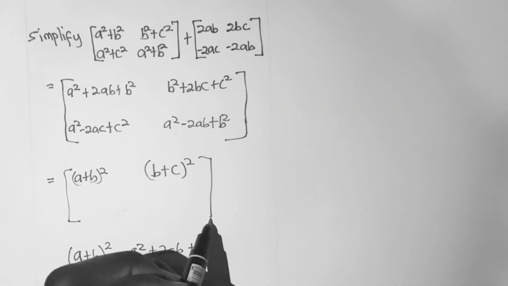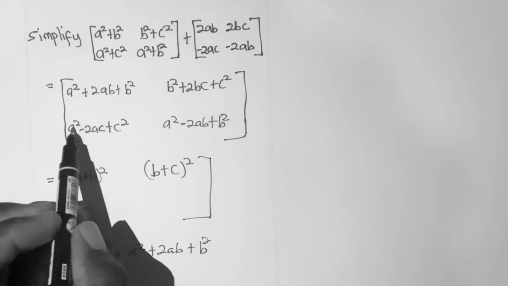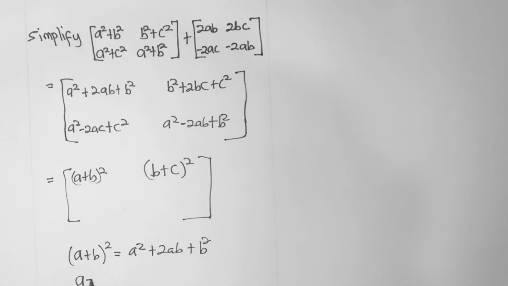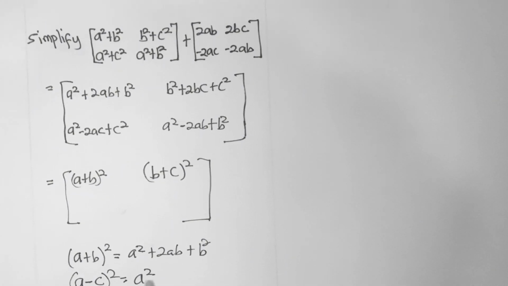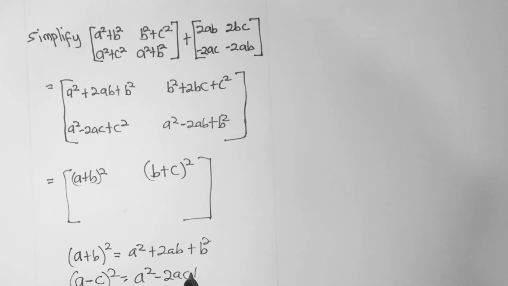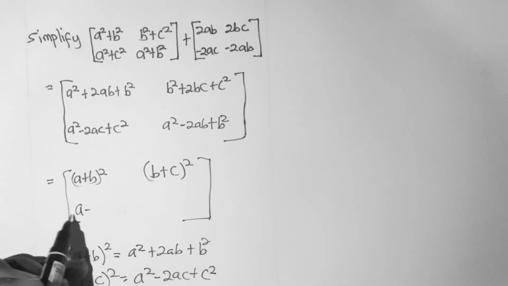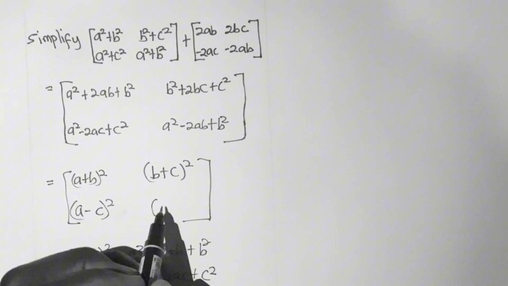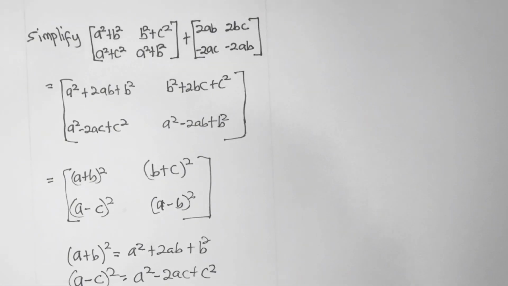Now look at this. This is A squared, this is C squared, this is minus 2AC. This is the same as A minus C all squared. This is equal to A squared minus 2AC plus C squared. So all of this can be written as A minus C all squared. Then all of this one can be written as A minus B all squared. So this is the final answer.